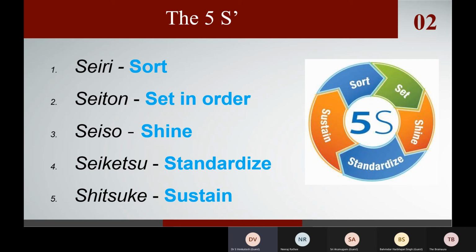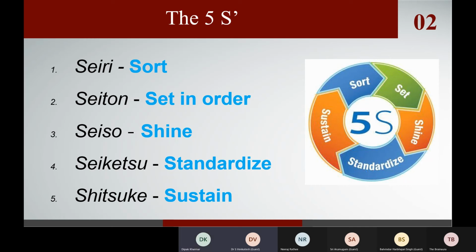I'm not good at it, so I won't risk trying. The first S is sort. The order is very important. Sort is the first step of the 5S methodology. We will start with sorting things, items. Again, I keep reiterating, when I say things, objects, it does not mean only the physical. Even our process, methodology, everything it refers to.